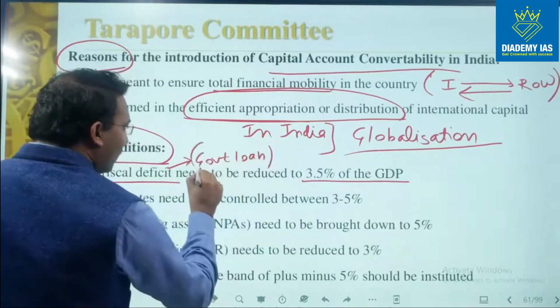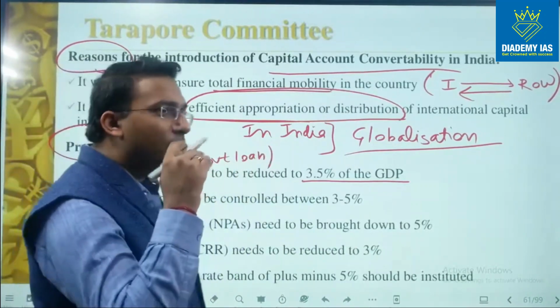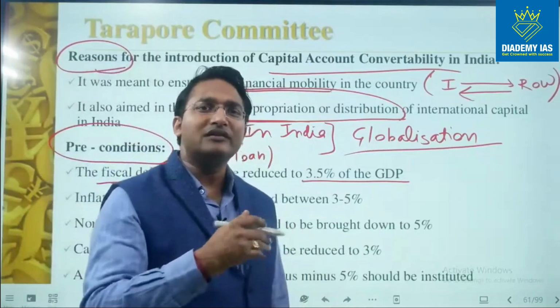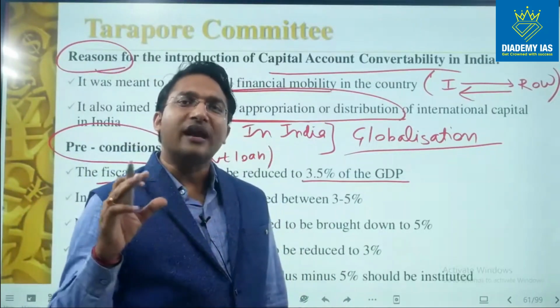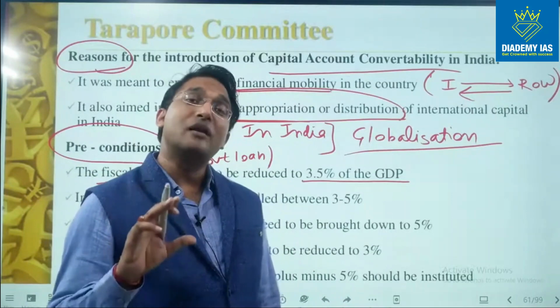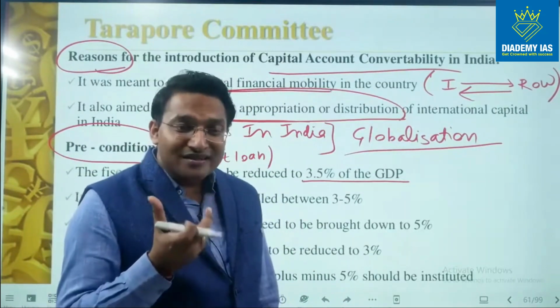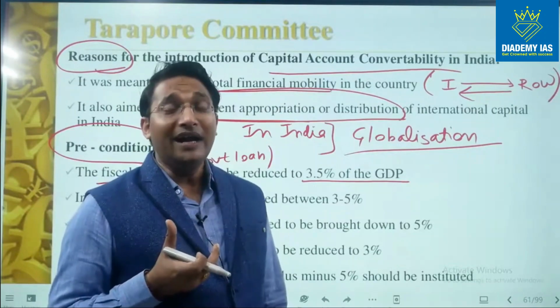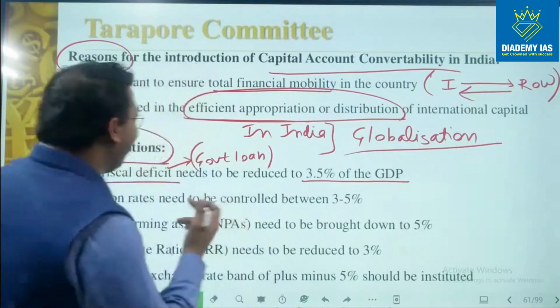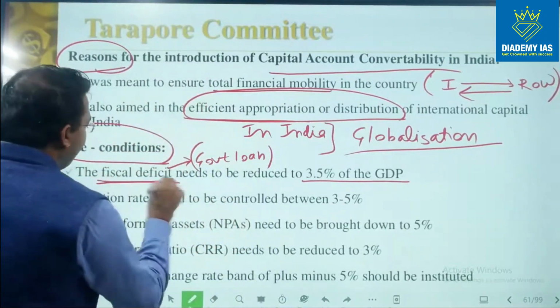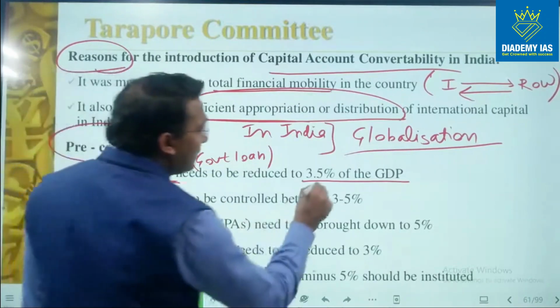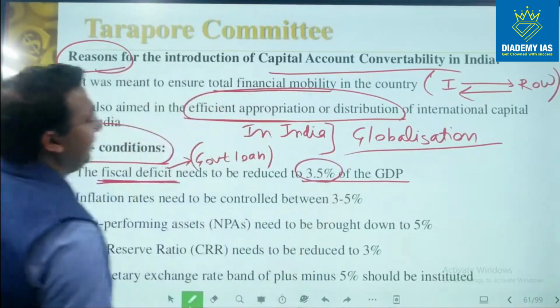So if government loan is reduced to 3.5% of GDP, that means our government is independent. The government is not dependent on the market. That means the government finances are stable, right? So the government finances should be stable. That is why the fiscal deficit should be within the limit of 3.5% of the GDP.